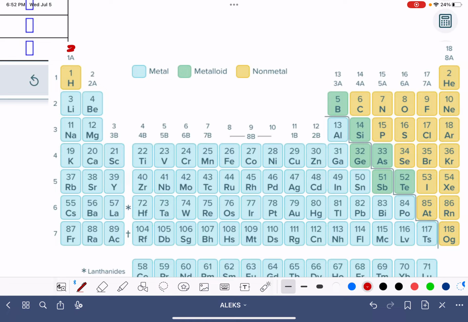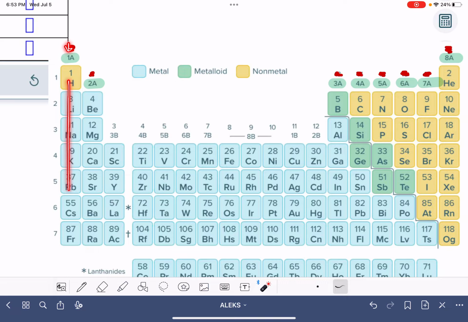For this periodic table, I'm going to cross off these numbers that are not useful. They're distracting us. We're going to focus on 1A, 2A, 3A, 4A, 5A, 6A, 7A, 8A. These numbers correspond to the number of valence electrons for all of the elements in that column.